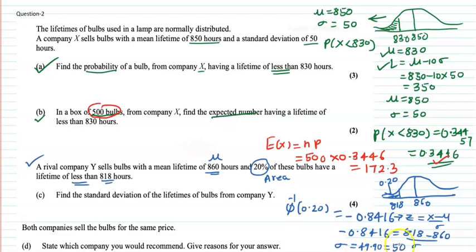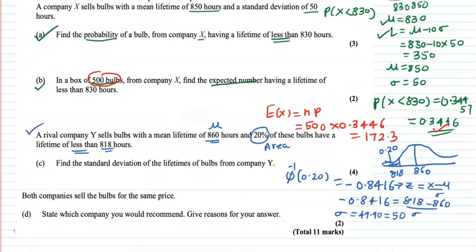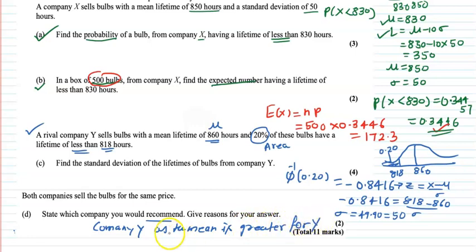Okay, and for the last answer, state which company you would recommend. We can say company Y, as the mean is greater for Y, and they have approximately the same standard deviation.